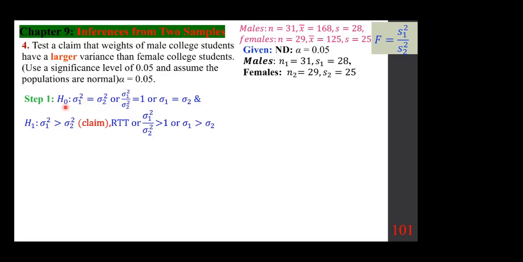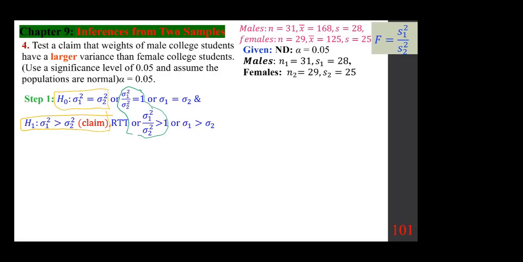If you wrote this one, H0, sigma 1 squared equals sigma 2 squared, then it goes with this one. This goes with that one. If you wrote it the second way, you can choose those two.